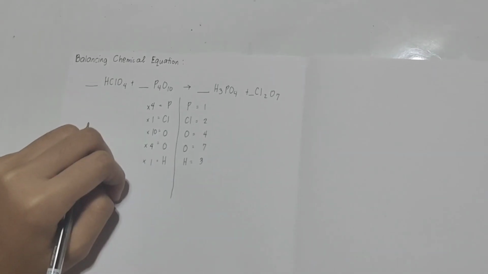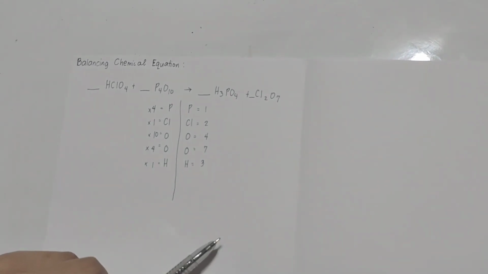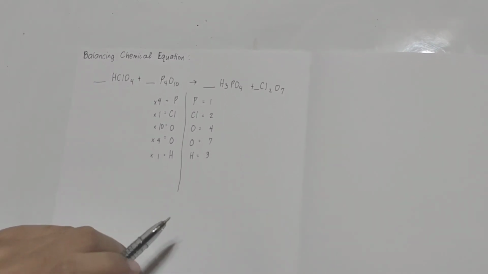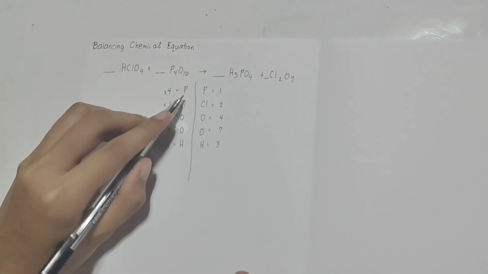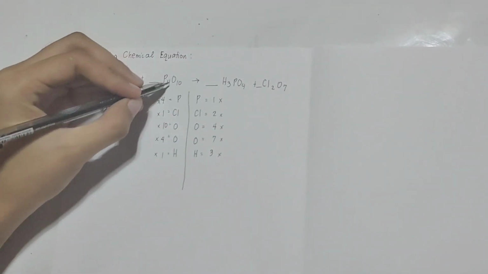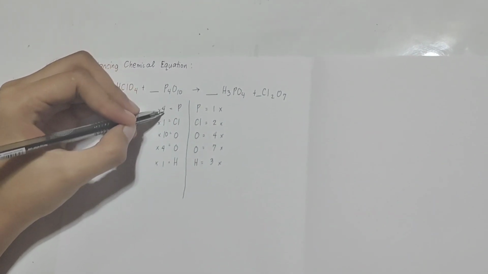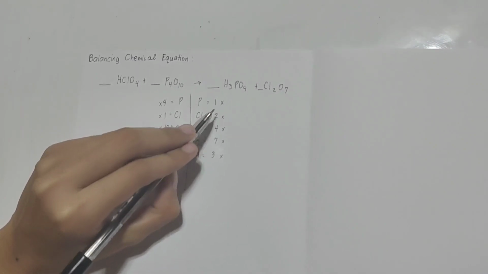In balancing the elements, it is best to begin with elements other than hydrogen and oxygen. So, we will balance the phosphorus first. There are 4 phosphorus atoms on the reactant side and 1 phosphorus atom on the product side.